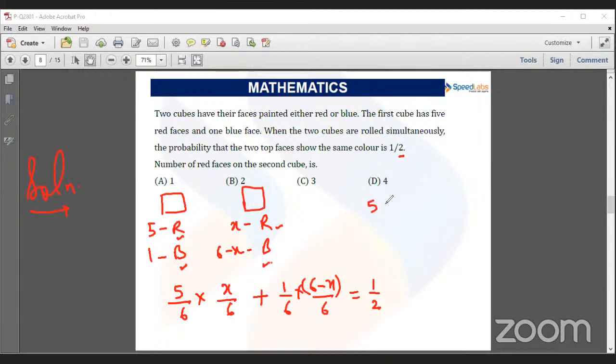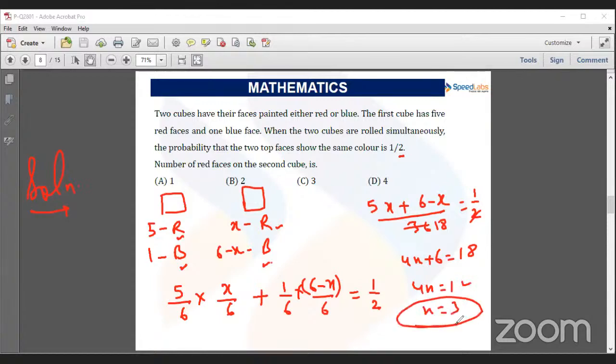So basically 5x plus 6 minus x by 36 is half. 4x plus 6 would be 18. 4x is 12. x is 3. Any questions?